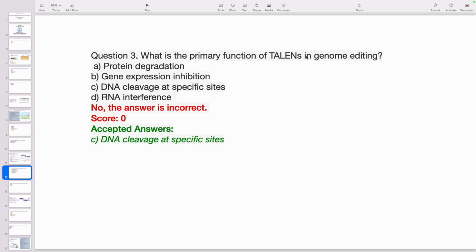So the correct option for this question is option C, DNA cleavage at specific site. I hope this question is clear.